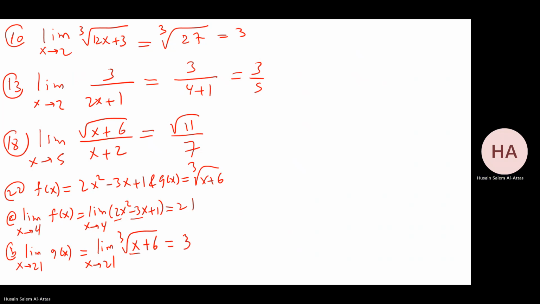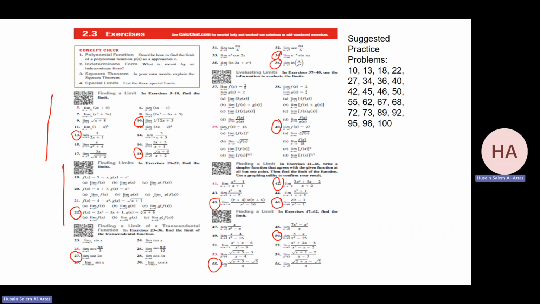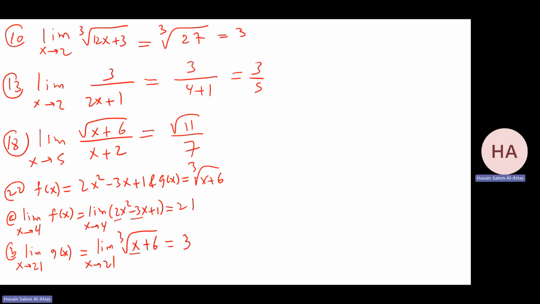Now, the last part, limit as x goes to 4 of g of f of x. This is C. Now, since this limit exists and the function g is continuous, I can take the limit inside.